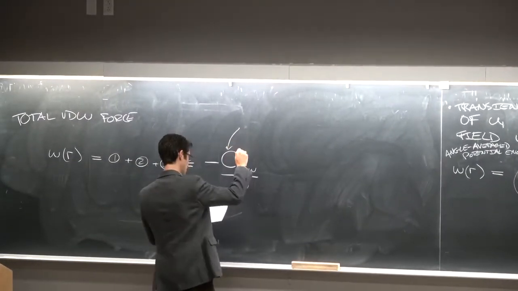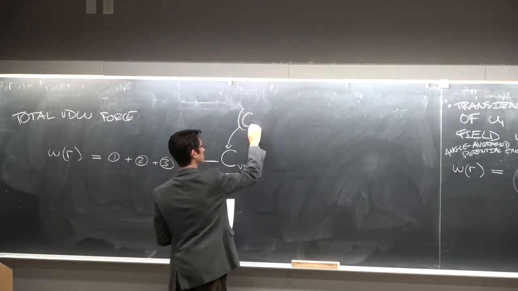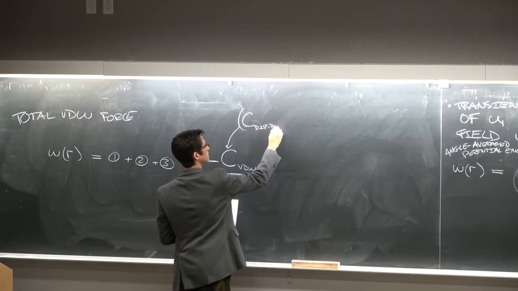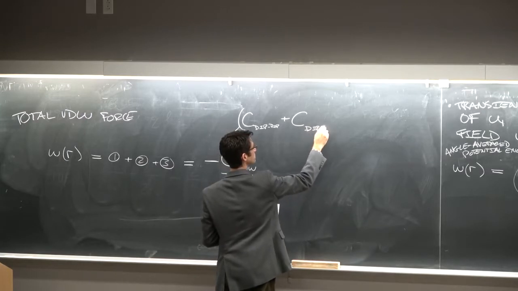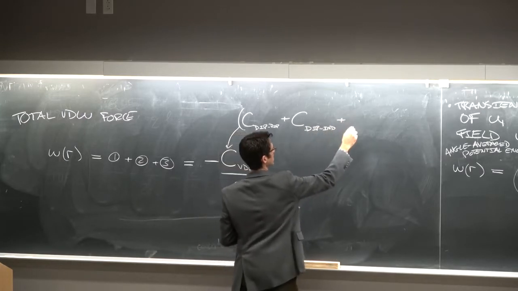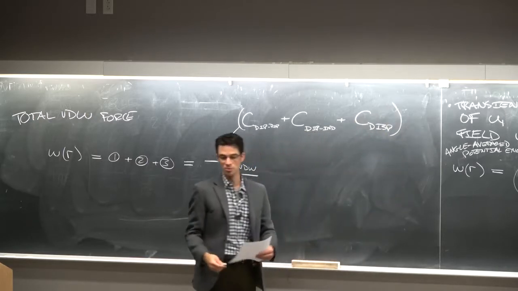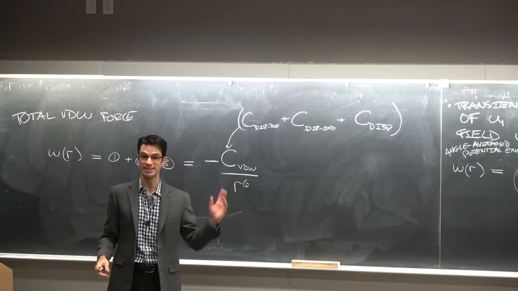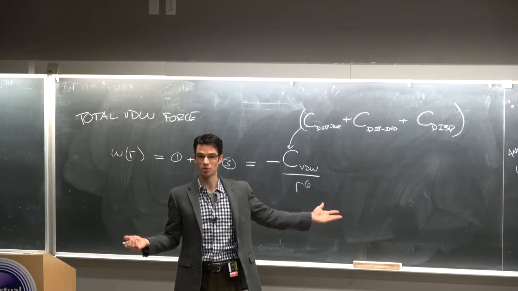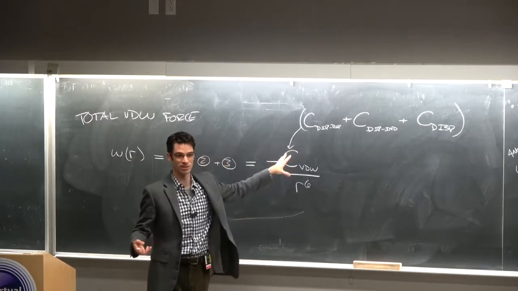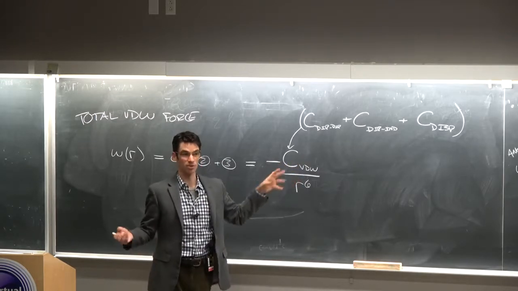So C Van der Waals is C dipole-dipole plus C dipole-induced dipole plus C dispersion. Each molecular interaction has its own set of C's, and more importantly, its own C Van der Waals, where somebody has already done the calculation or the measurement in the lab.